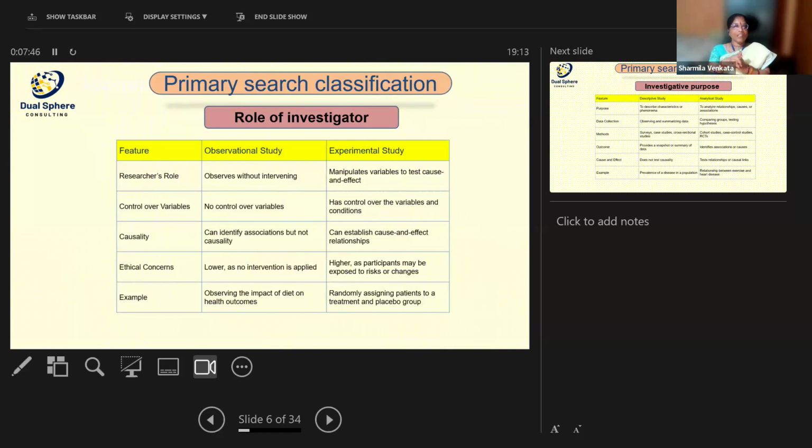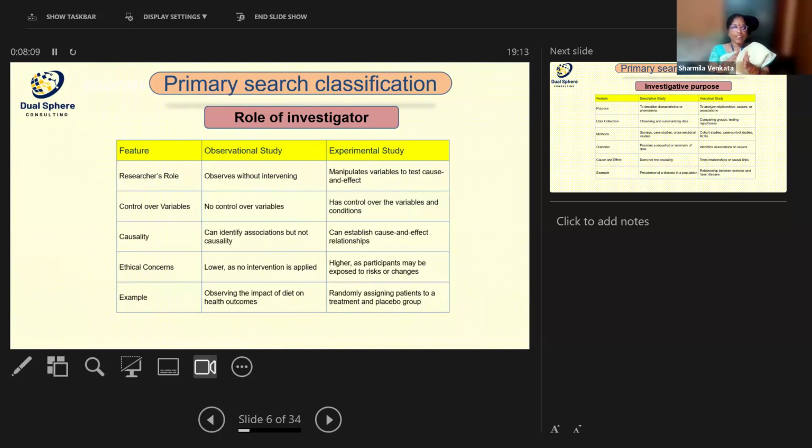Here the critical question is, did the investigator assign the exposure? If the researcher actively assigns who receives the treatment or intervention, the study is experimental. For example, assigning one group to drug A and another to placebo, for cause and effect relationships.